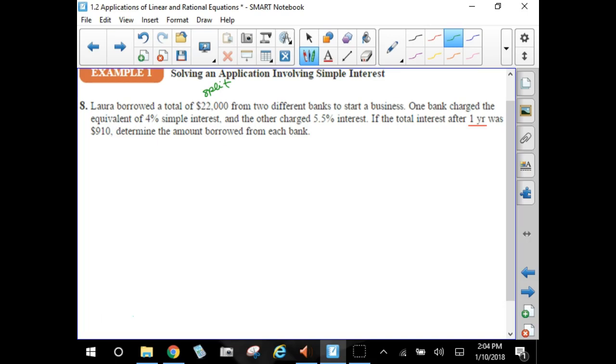What the last sentence is saying is that the interest she had to pay on the 4% account added to the interest she had to pay on the 5.5% account. Note that I turned those interest rates into decimal form.